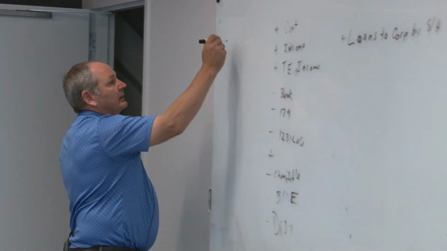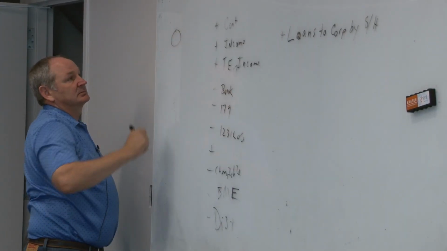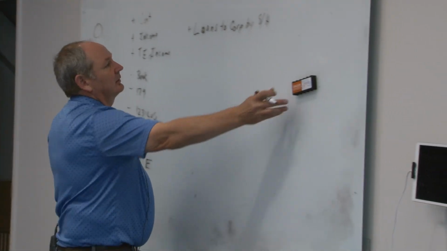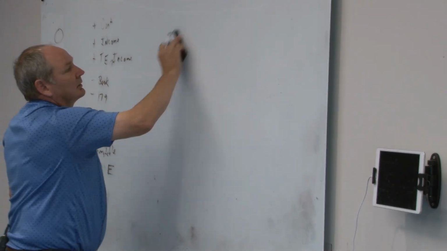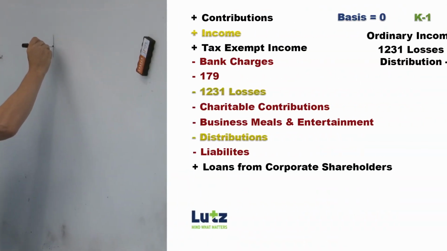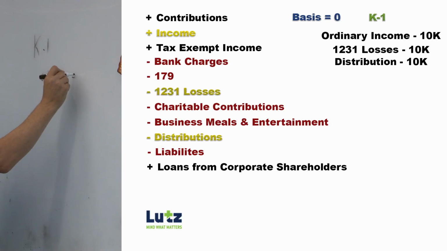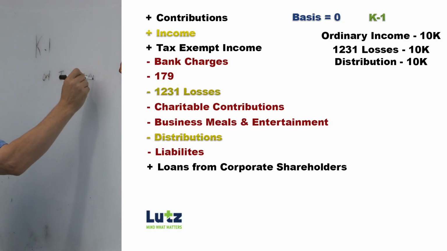So, stupid question. If I have 0 basis and I have a K1 that says ordinary income equals 10,000.